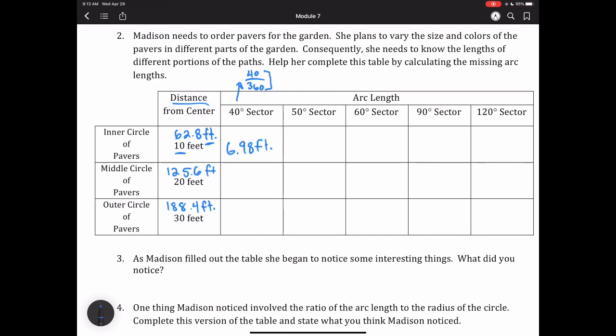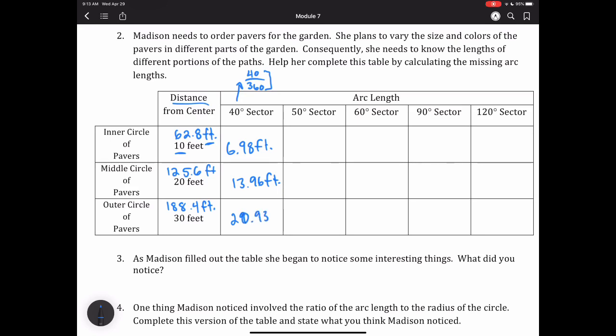Now we can do the same thing with 20 feet, 125.6 times 40 divided by 360, and that gives us 13.96 feet. And finally, the same thing for the 30-foot radius circle, 188.4 times 40 divided by 360, and that gives us 20.93.